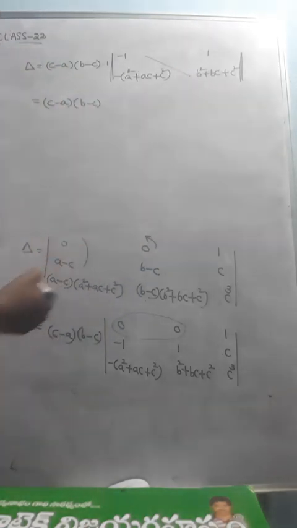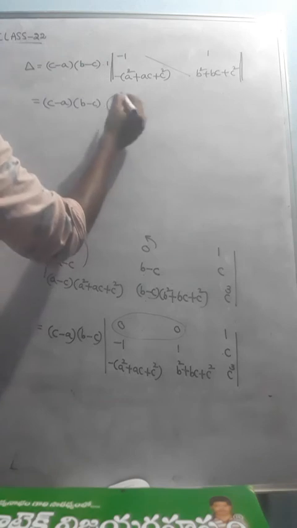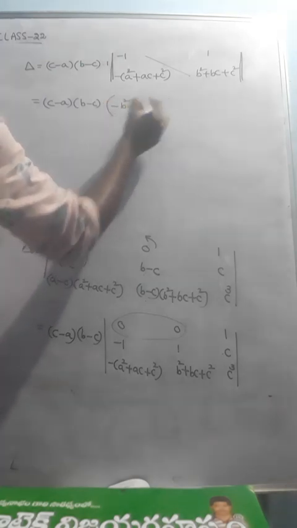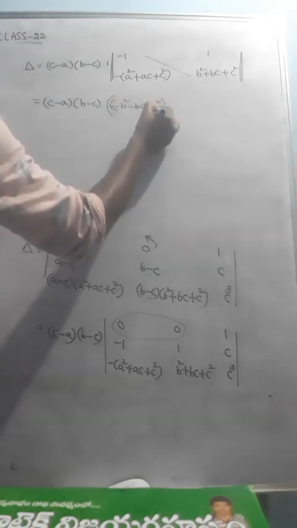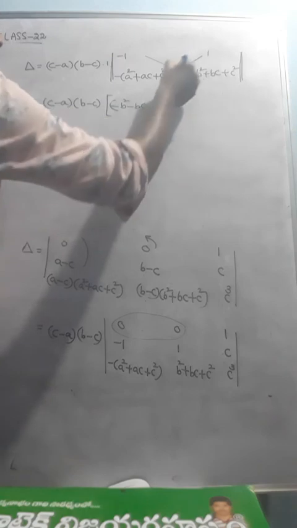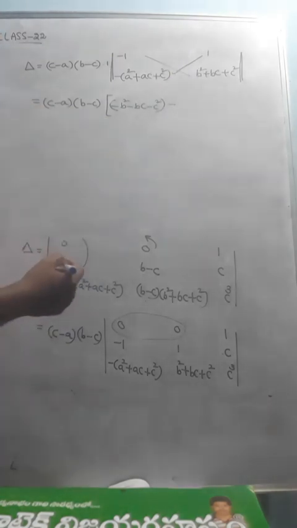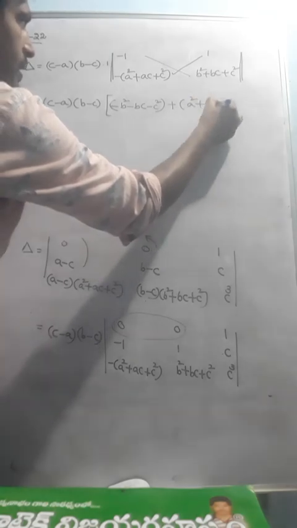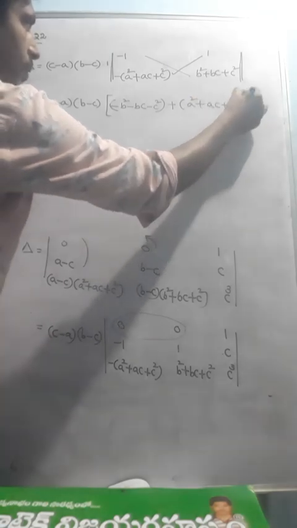Minus 1 into B square plus BC plus C square is equal to minus B square minus BC minus C square. Okay, next, minus of 1 into minus of A square plus AC plus C square means minus into minus is plus, so A square plus AC plus C square.